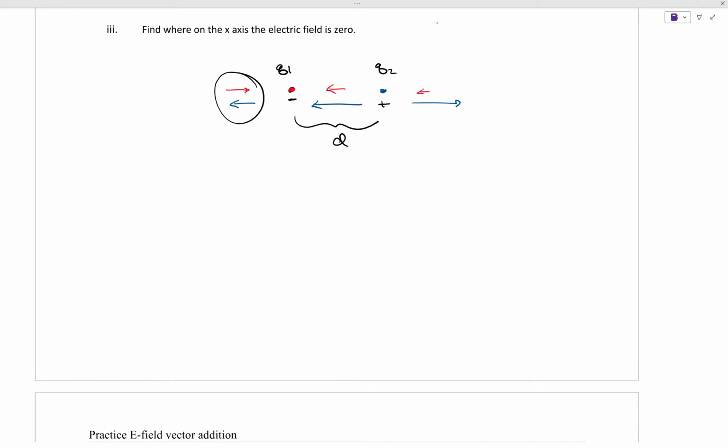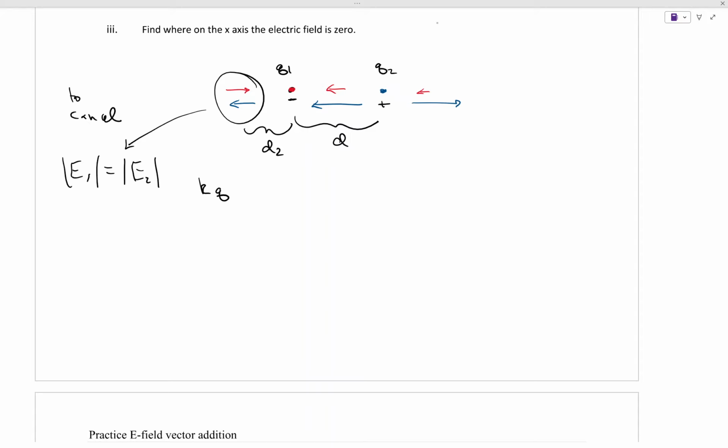So let's say that the distance between them is d, and this distance beyond Q1 is d2. So what does it mean when they cancel? Well, the magnitude of those two electric fields is going to have to be the same. So at this location, E1 is going to have to equal E2.